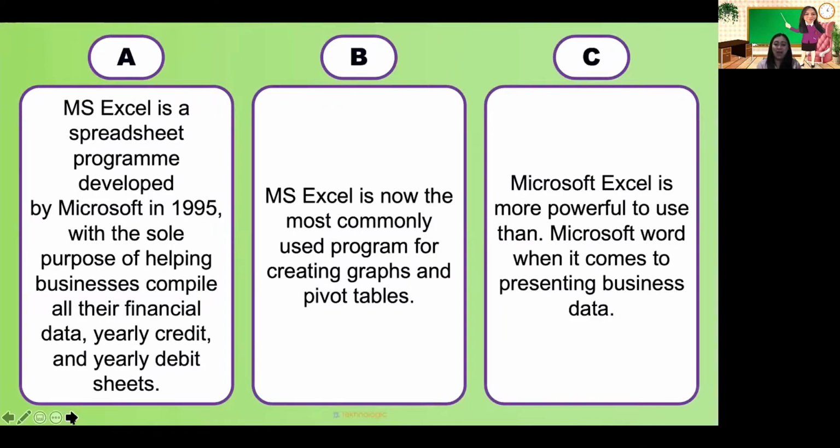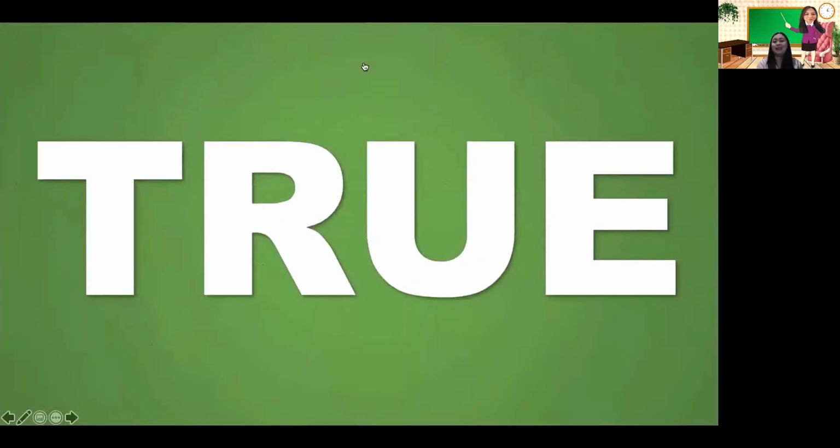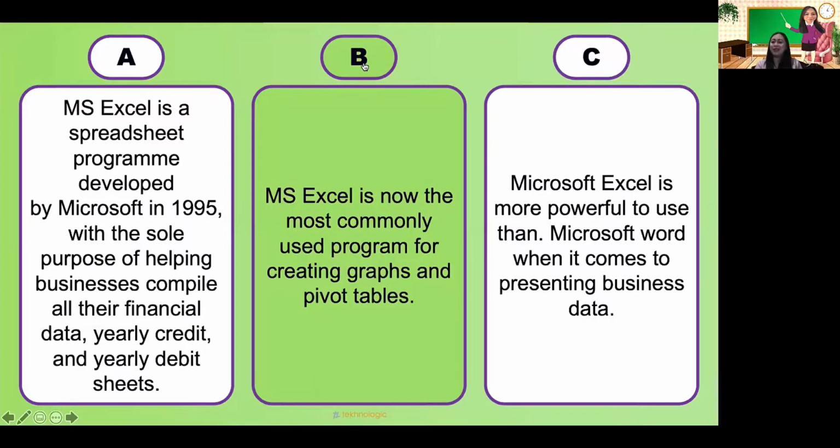So is it letter A, letter B, or letter C? Okay, it is letter B. Let's see. Oh no, that is a true statement. Okay. So what do you think is the answer? Okay, according to them, it's letter A. Let us find out.